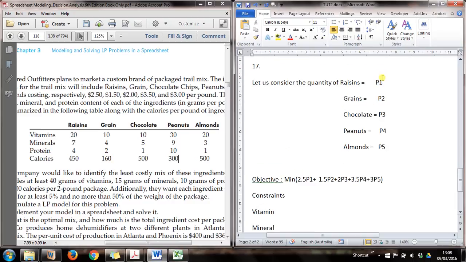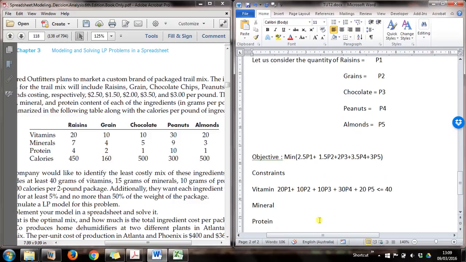So if we use P1 amount of raisins and P2 amount of grains, the amount of vitamins would be 20 P1 plus 10 P2 plus 10 P3 plus 30 P4 plus 20 P5, which is the total amount of vitamins in the content, and this should be at least 40.